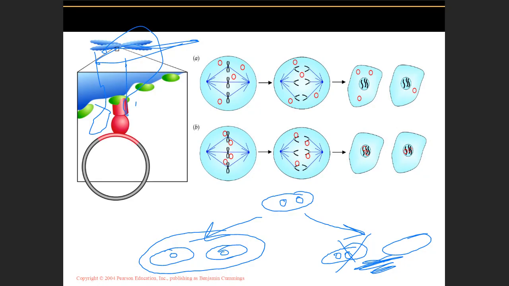And not only that, but as you may recall, a lot of your DNA is turned off, right? You have all these different types of cells. They all have the same genes, but they don't need all those genes to be turned on, right? Skin cells don't need to be making actin and myosin like a muscle cell does, so those genes are turned off. So a lot of DNA is transcriptionally inactive. Well, HPV wants its DNA to be transcribed and translated to make more viruses.